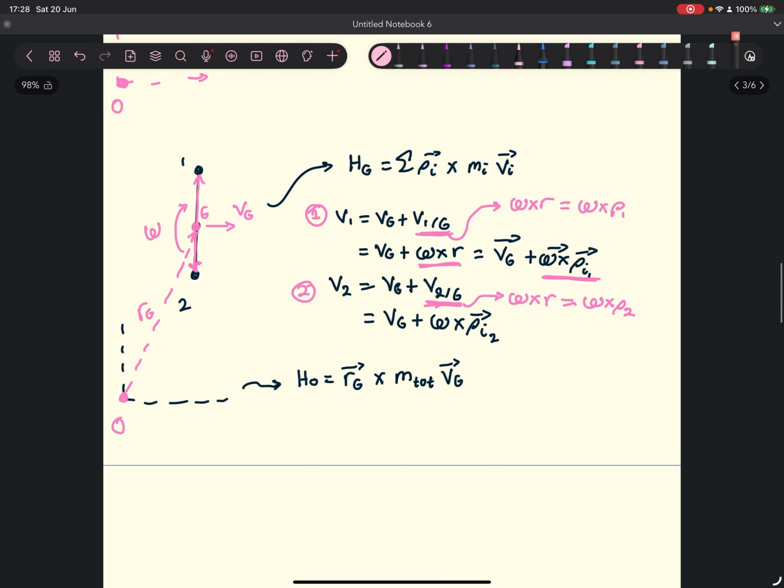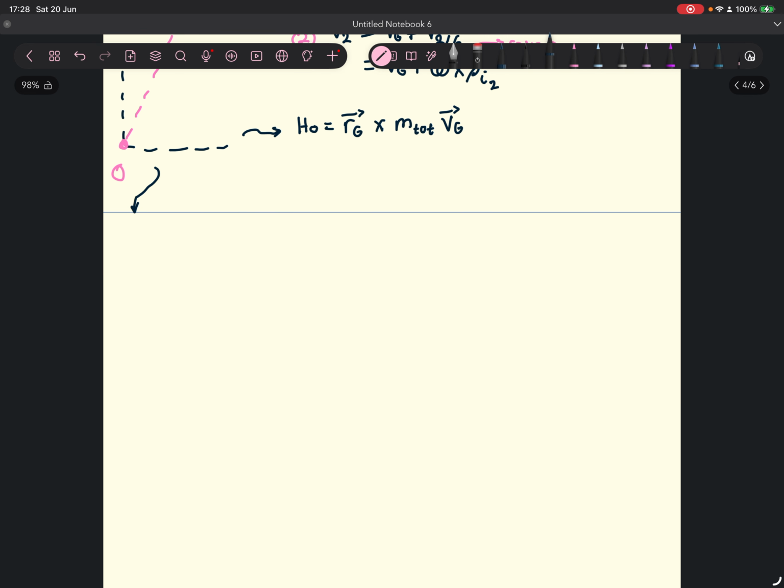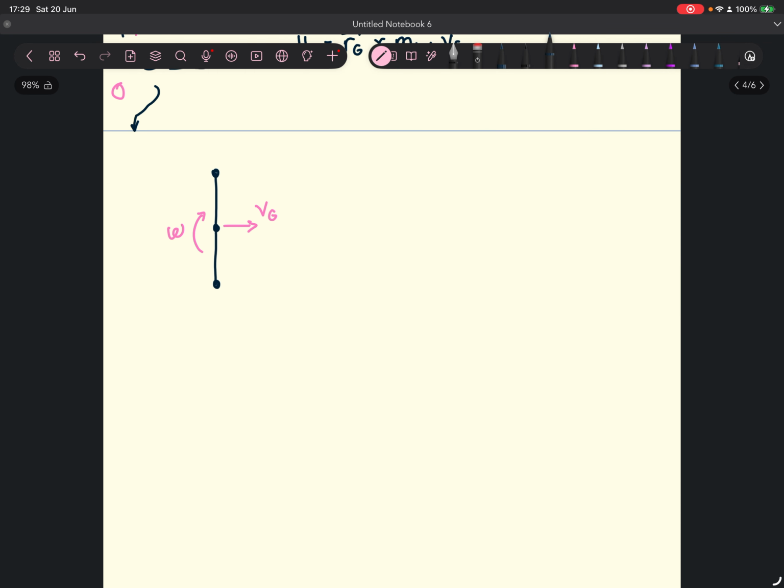Yeah, then let's say we have an arbitrary point P, and let's say that P has its own velocity, right? So I'm going to draw the same system as before, right? Okay, and then it's rotating and it's also translating. And then let's say we have a particle P, and P has its own velocity.